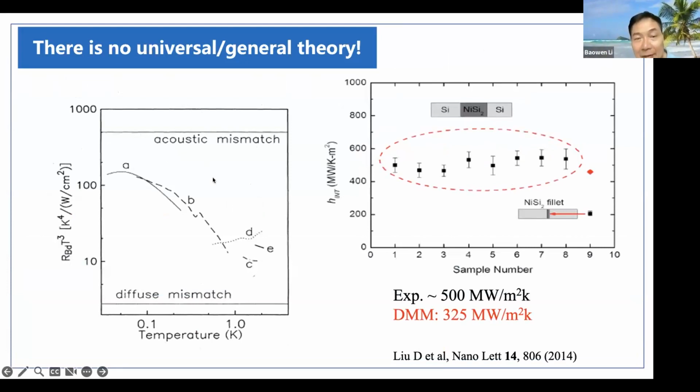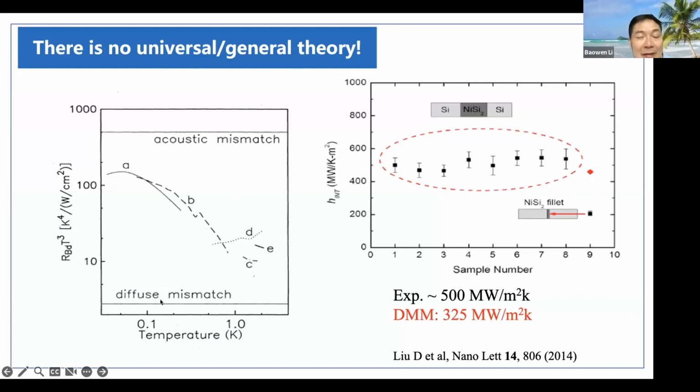The problem in this field is that there's no general theory to explain all the experimental data well. There are two well-known theories. The acoustic mismatch theory treats heat as acoustic waves, or phonons, and when the wave goes through another material, it will be reflected.